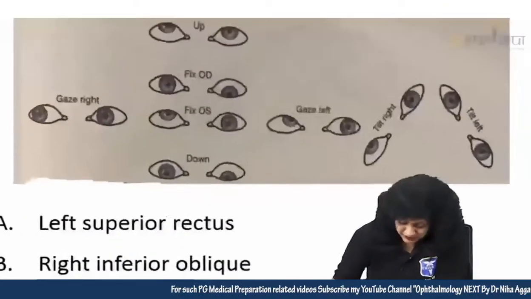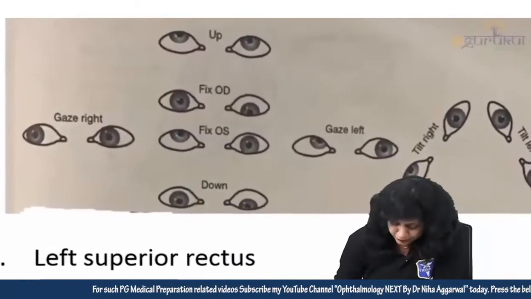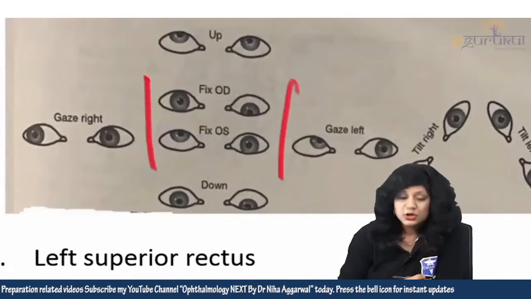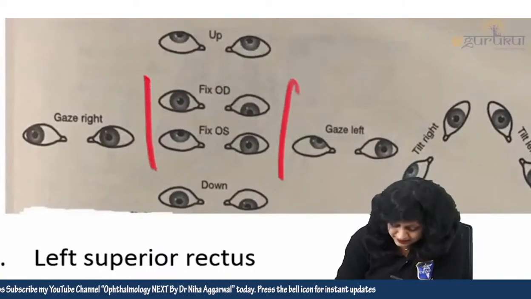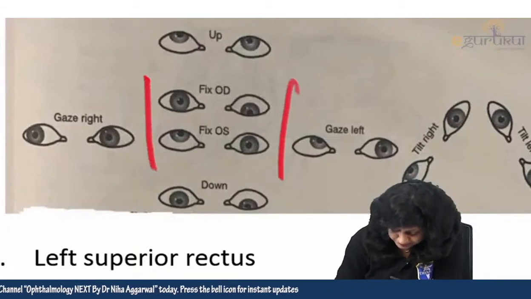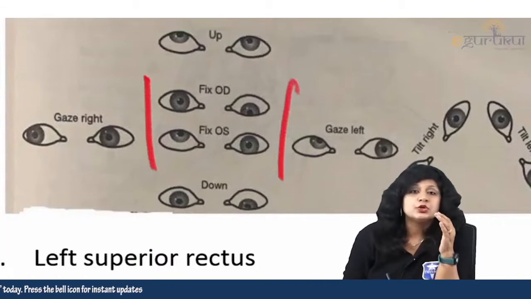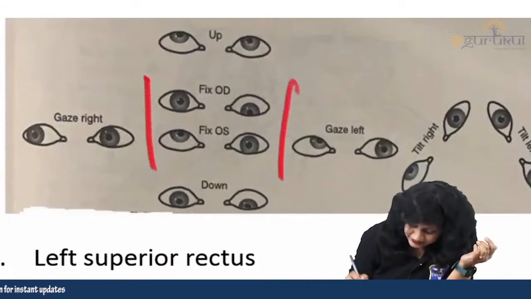So let us try to see what is actually happening. If you look in the primary gaze, what is the problem? In the primary gaze, the person is having hypertropia.